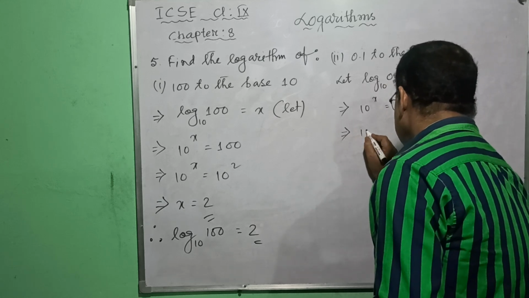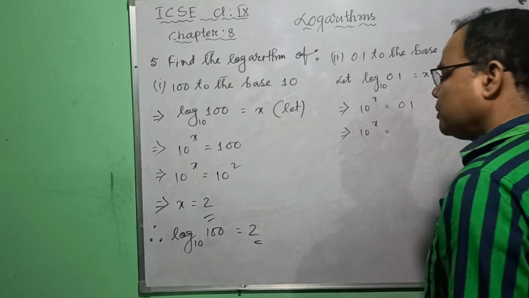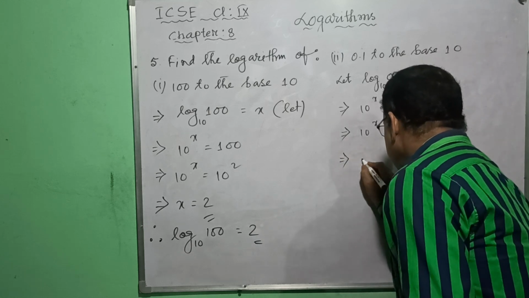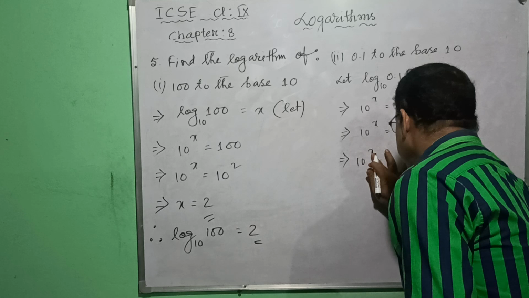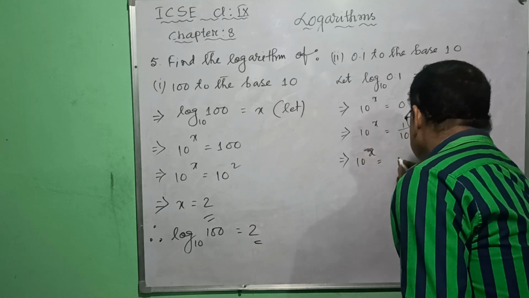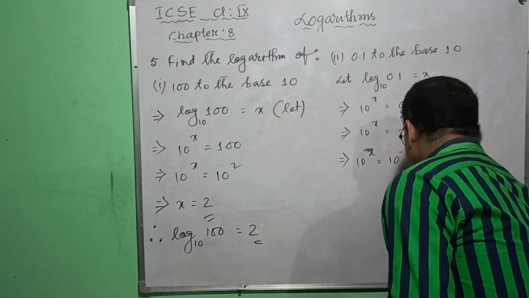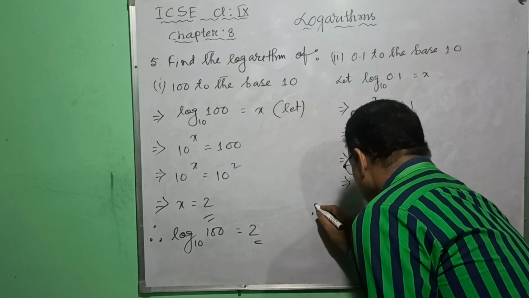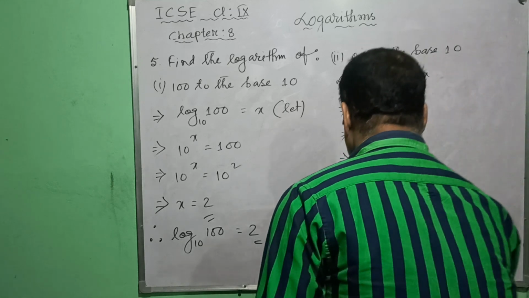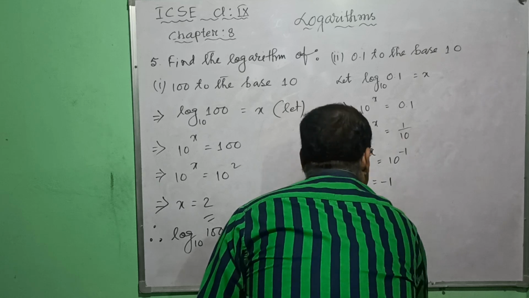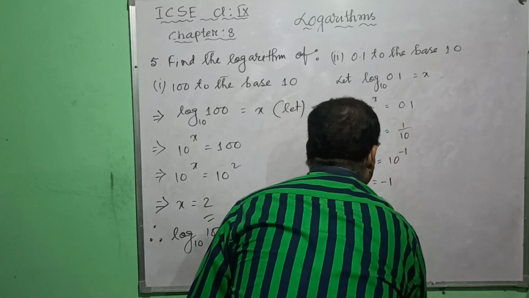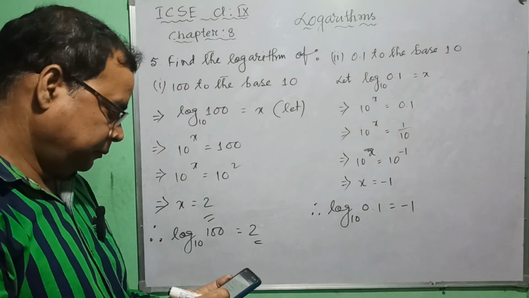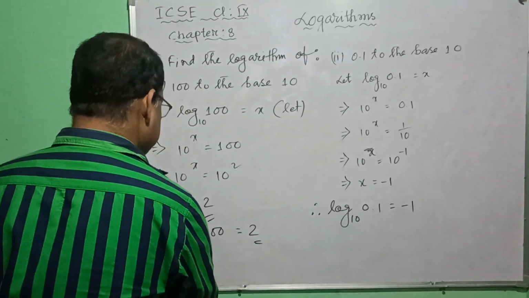This implies 10 to the power x equal to 0.1, meaning 1 by 10, meaning 10 to the power minus 1. This implies x equal to minus 1, and then we'll write the answer. Therefore, logarithm of 0.1 at base 10 equal to minus 1. Now we'll do number 3.